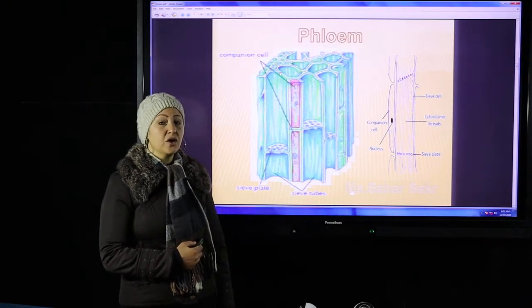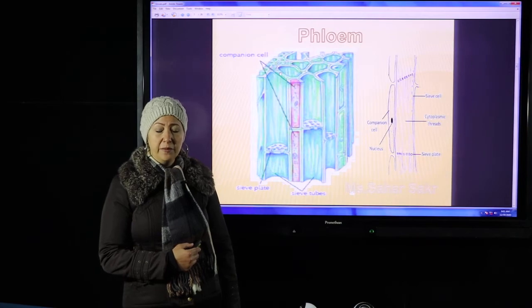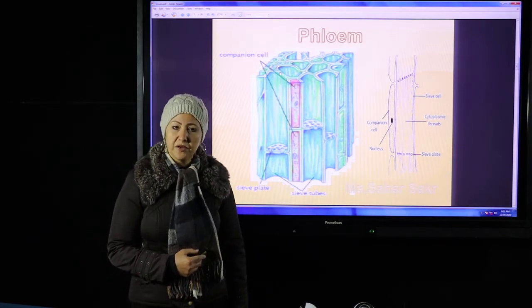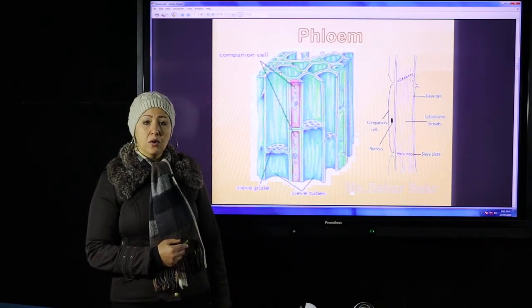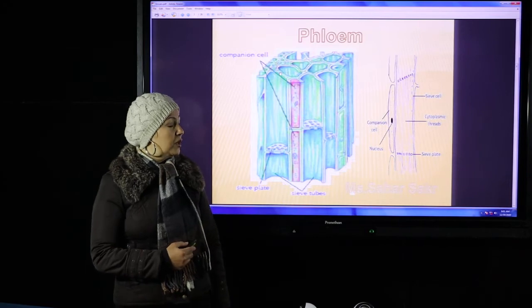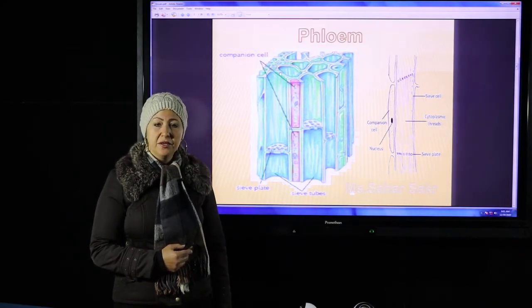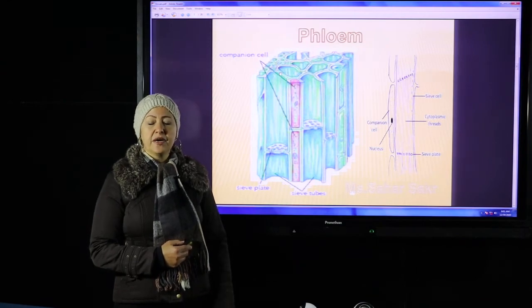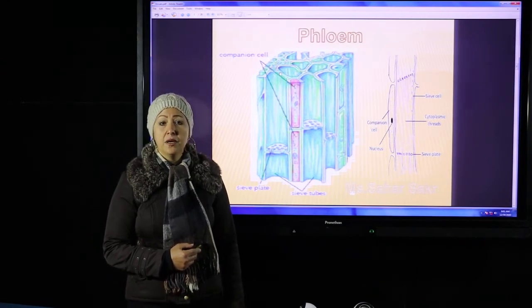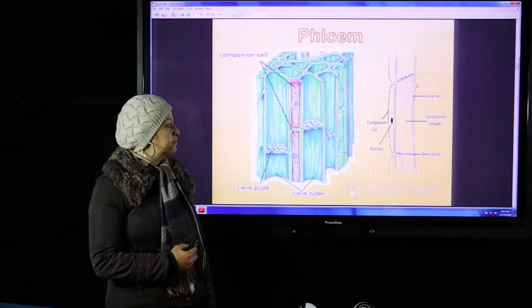So the companion cells are very important for the structure of the phloem for two reasons. Because they contain a nucleus to control the passage of the food inside the phloem. Also, the companion cells contain mitochondria to produce energy, because the passage of the food inside the phloem needs energy. Okay?